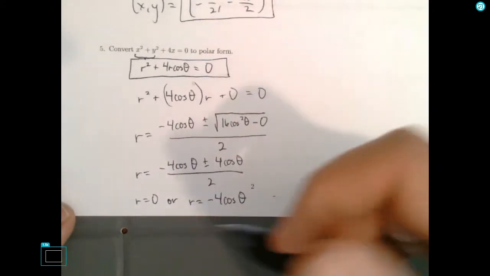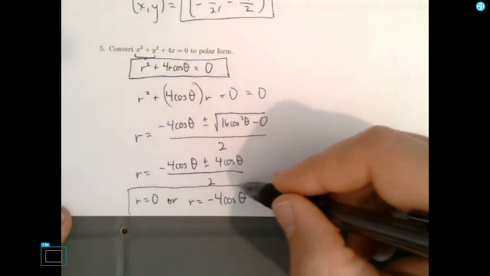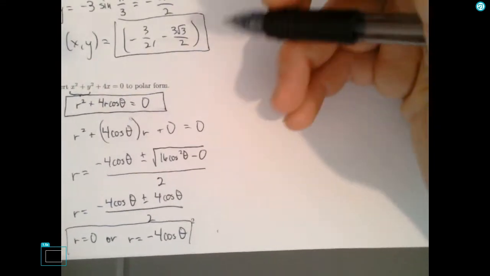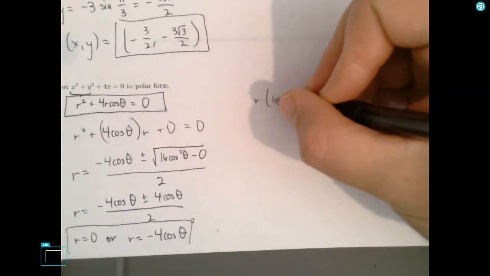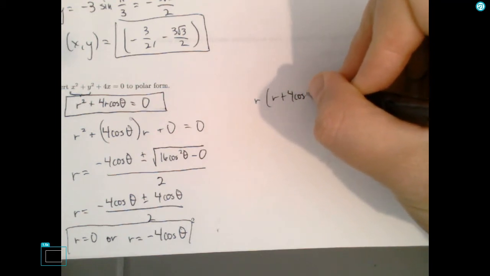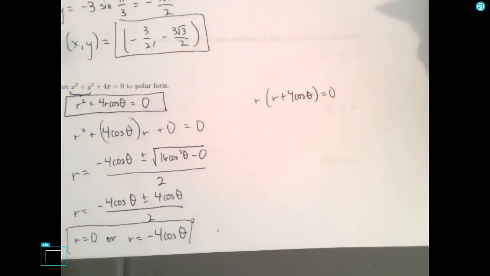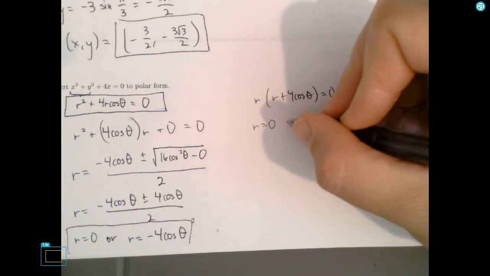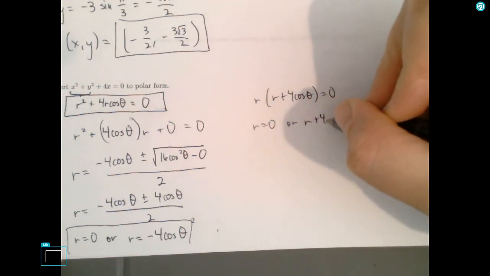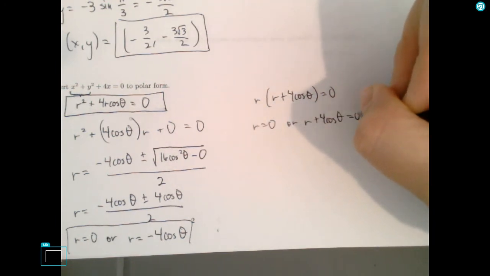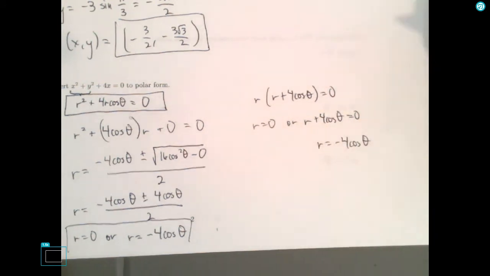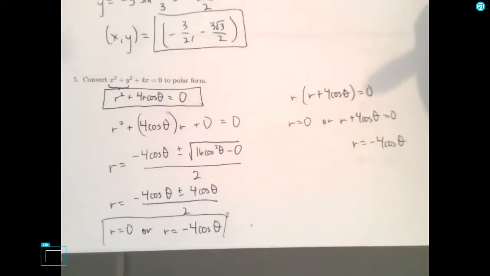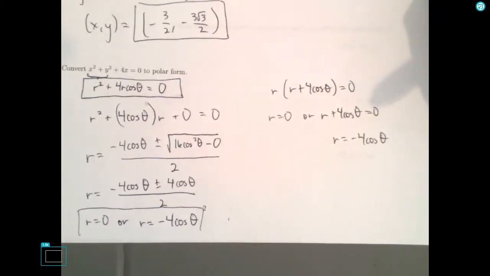So you end up with, I guess, two separate solutions. But there's an easier way to do that, which I don't know why I didn't think about it, and that is that you could just factor out the r. And then say, all right, so r equals 0, or r plus 4 cosine theta equals 0, which would mean r equals -4 cosine theta. And anyway, it never hurts to see the same thing worked out in a couple different ways.